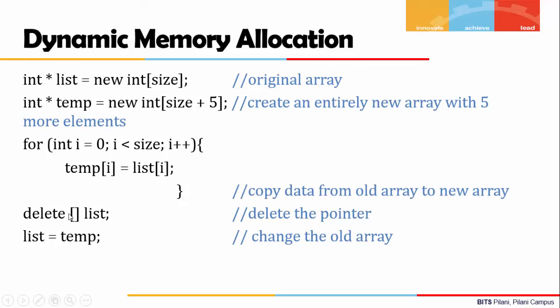So delete list is used to delete the initial original array. Now change the pointer. We still want the array to be called list, its original name. So change the list pointer to the new address: list is equal to temp. That's it. The array is resized.